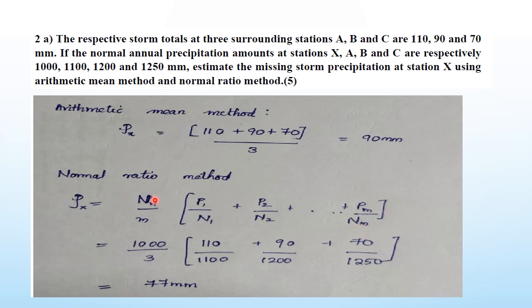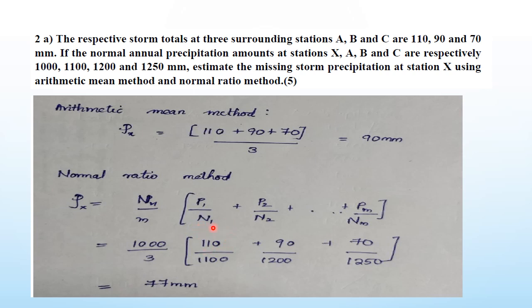So Px by Nx, that is the precipitation of that unknown station divided by the annual precipitation of that region, that is Nx, is equal to 1 by m, where m is the number of non-station, that is 3, into P1 by N1.